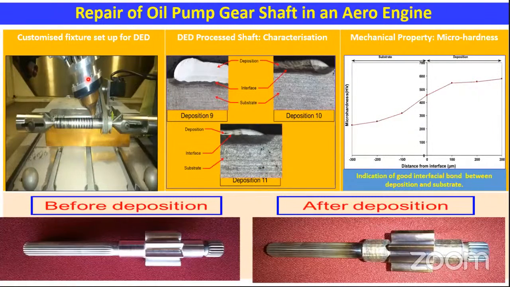This is the LENS system or DMD system through which we supply the powder and deposit.